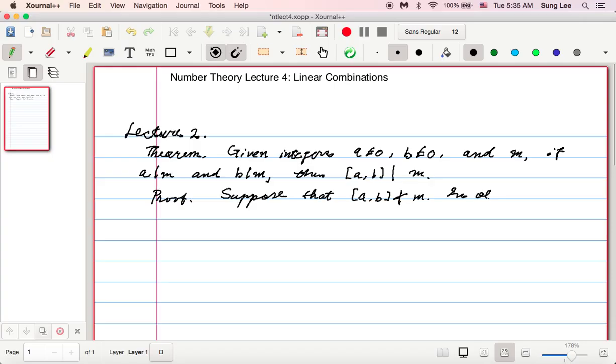In other words, m over the least common multiple of a and b is not an integer. So when you actually divide m by the least common multiple, you will find what is that?